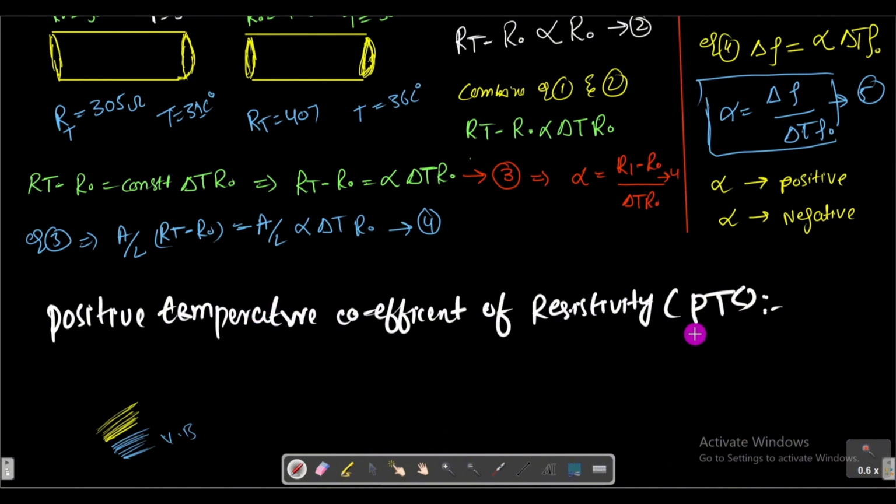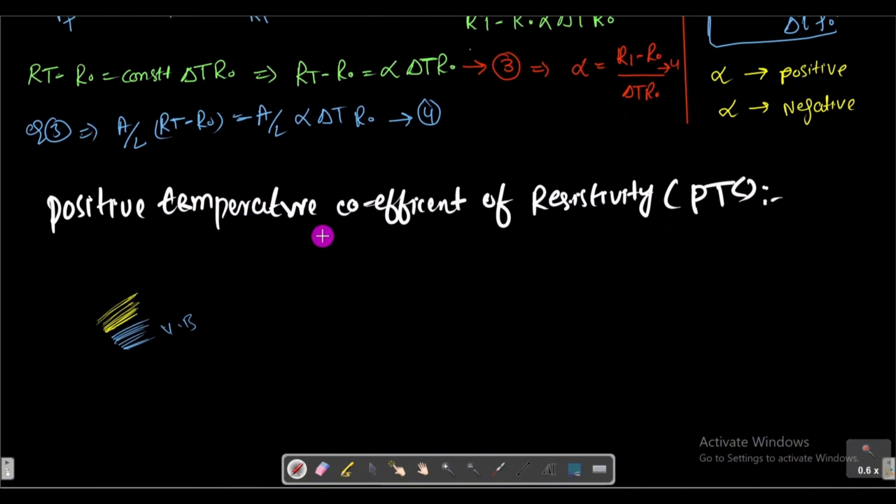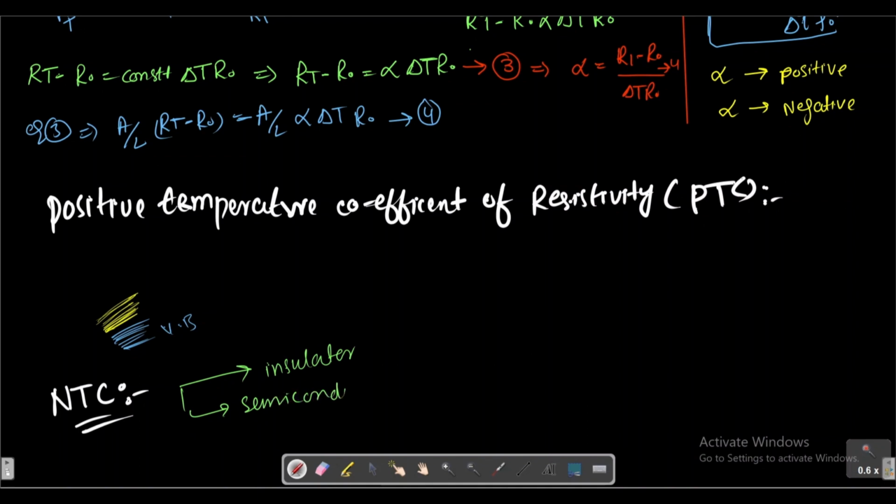Similarly, the second type is the negative temperature coefficient of resistivity, which is called NTC, and this NTC is present in the insulator and the semiconductor. The electrons in the atoms of the insulator are tightly bound, so they do not take part in the conduction.